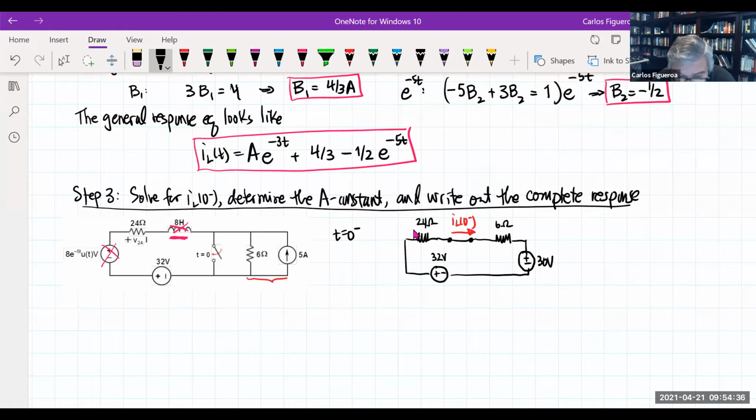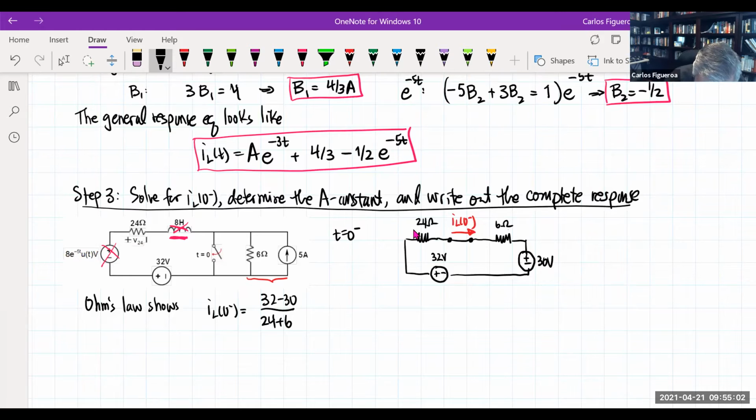So you could see here that I'm just going to use Ohm's law to get this. According to Ohm's law, the current of the inductor is going to be the voltage in the circuit, which of course is 32 minus 30 volts. And then I've got to sum these guys, which will be 24 plus 6.